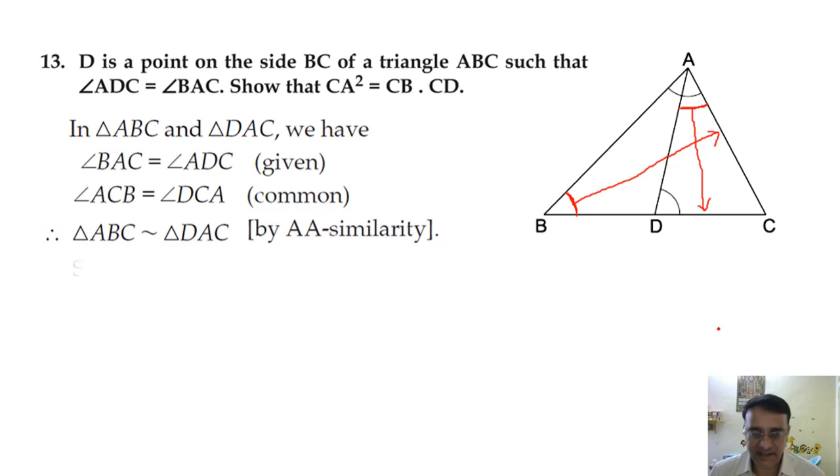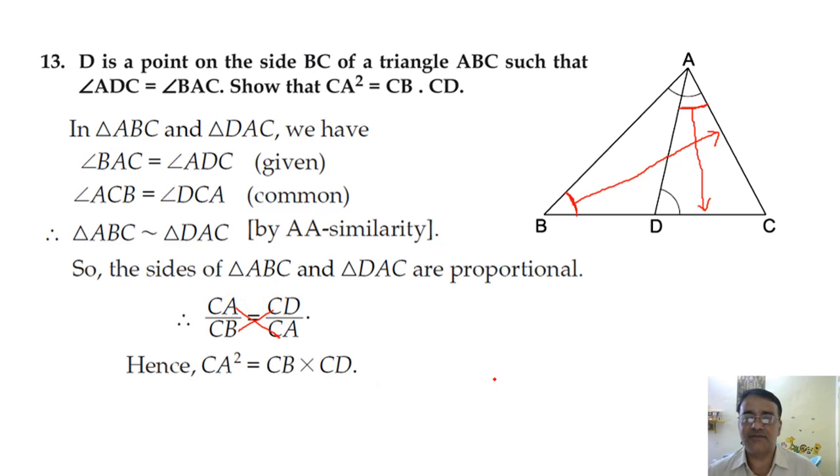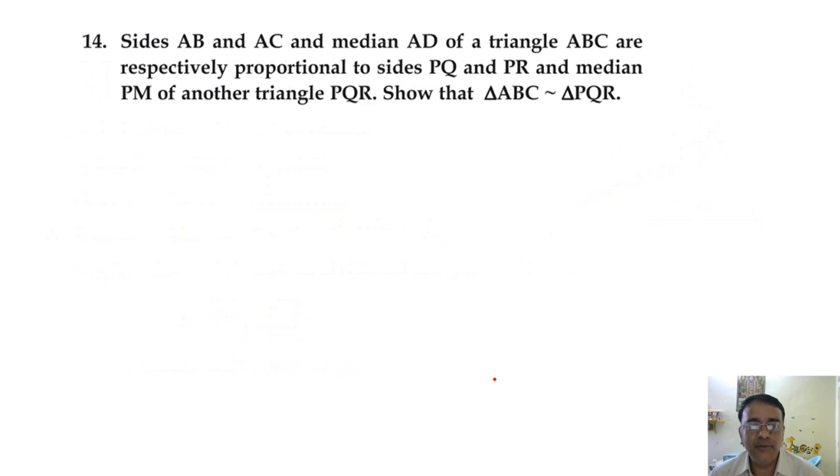So we will write the ratio. The corresponding sides are in the same ratio. So CA upon CB is equals to CD upon CA. Now if you cross multiply, you will get CA square is equals to CB into CD. Any doubt? No, sir. Okay, now we'll move towards question number 14.